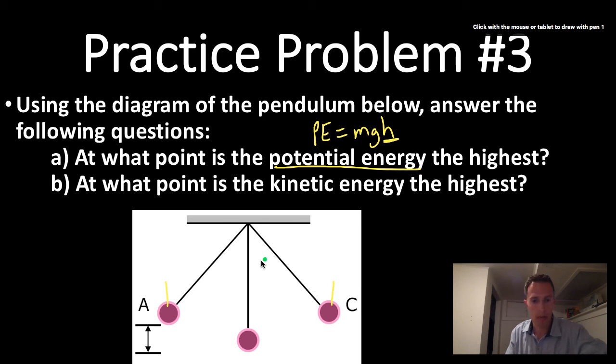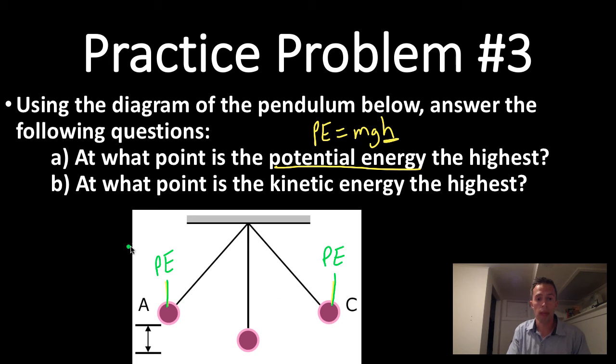It's not showing up that great with yellow. So A is going to be the spot where potential energy is the highest, and C, because it looks like it goes up to about the same height here, potential energy is going to be high at C as well. Okay, and so that's your answer for A, is point A and C.